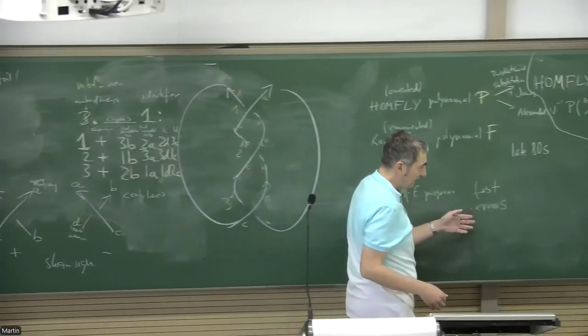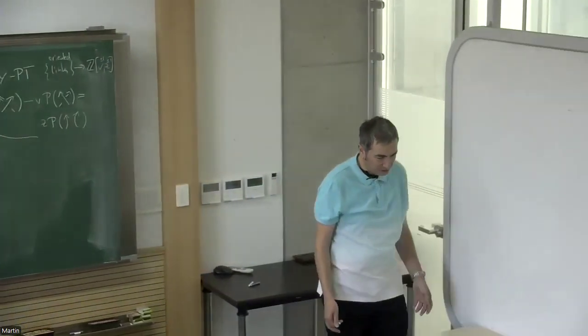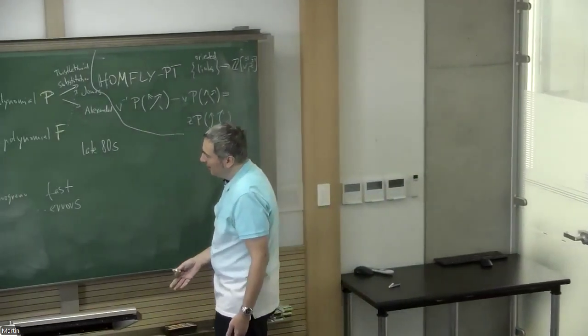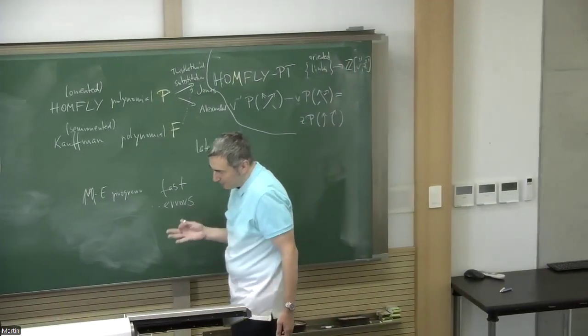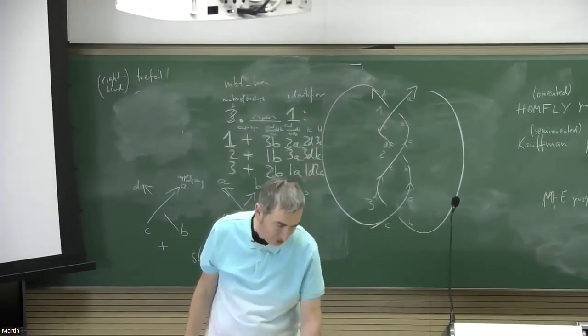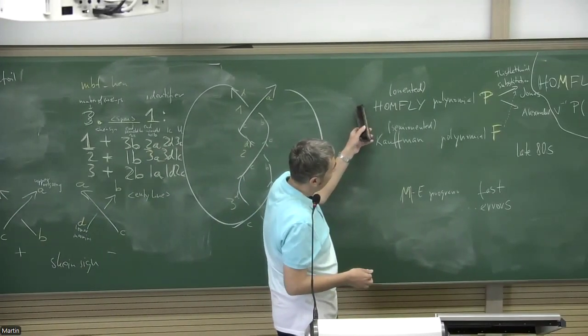So I have tried for a very long time to make these programs practically workable, but unfortunately it is too difficult to fix them, especially the one for the Kauffman polynomial.